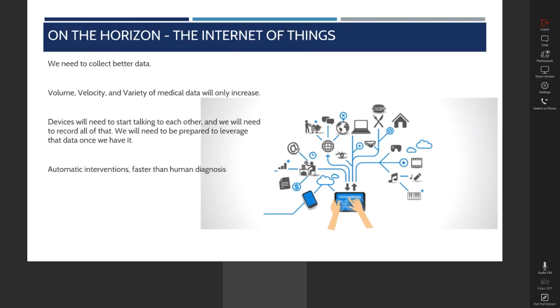So imagine a patient in intensive care whose heartbeat is starting to get a little bit irregular and they're about to have a heart attack. The machine might be able to detect that even before a doctor could and intervene and stop it before it even gets started. So the IoT is going to change a lot of things going forward, and that really is something that we are going to need to be prepared for.